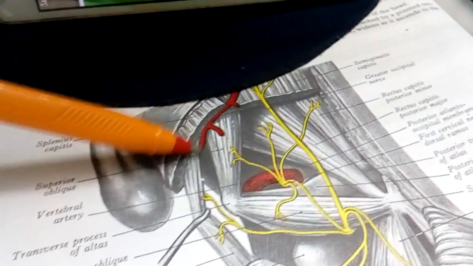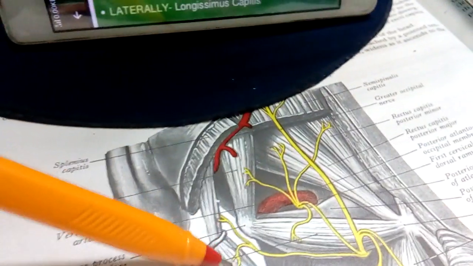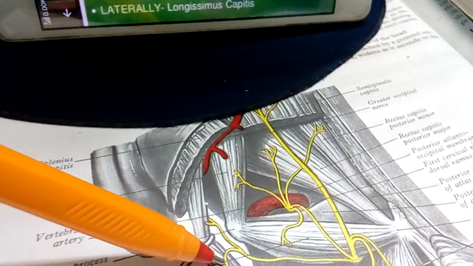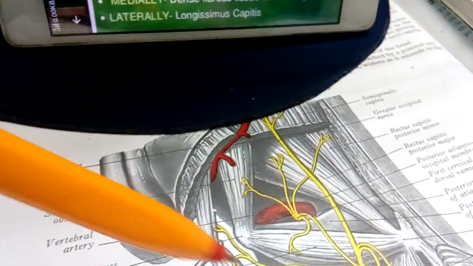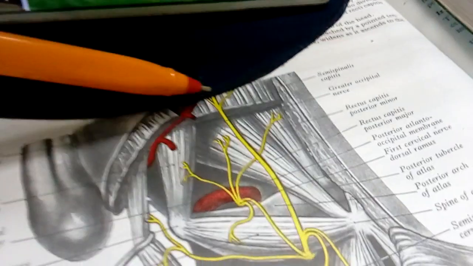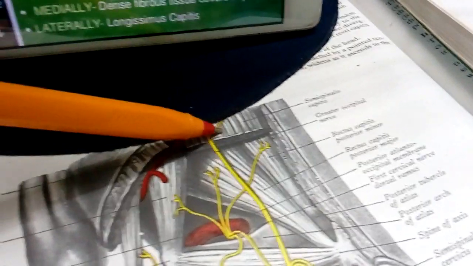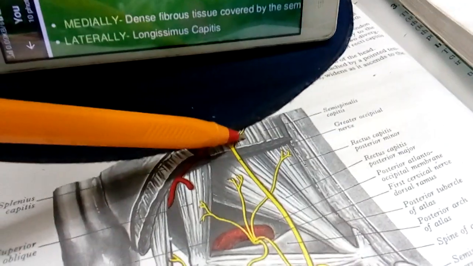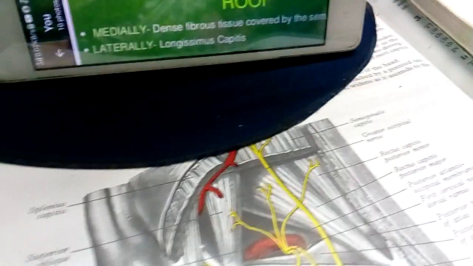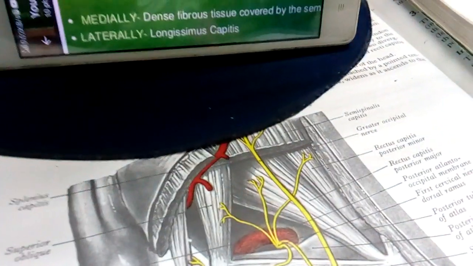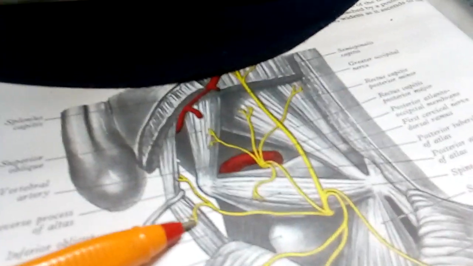Okay, so we have separated this longissimus muscle which is running laterally, and these are the roof muscles, that is splenius capitis and the semispinalis capitis muscle. The roof is formed by dense fibrous tissue which is covered by the semispinalis capitis and the splenius capitis, and most laterally by the longissimus capitis muscle.